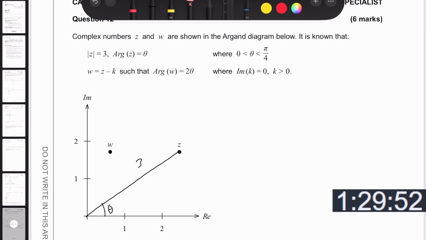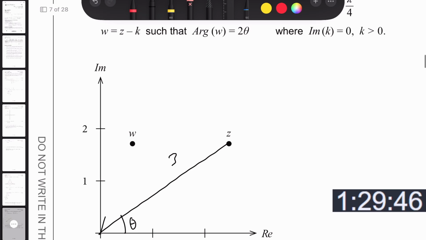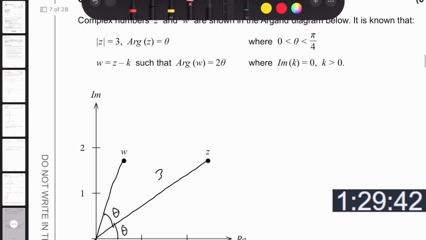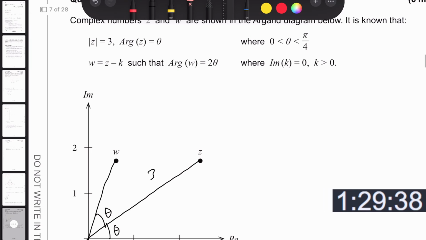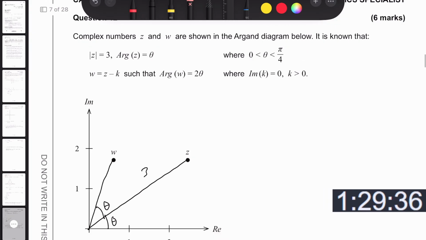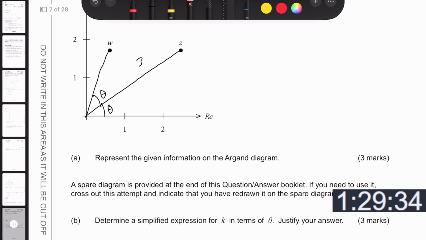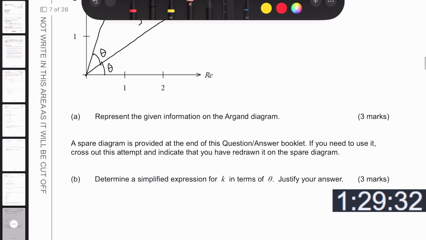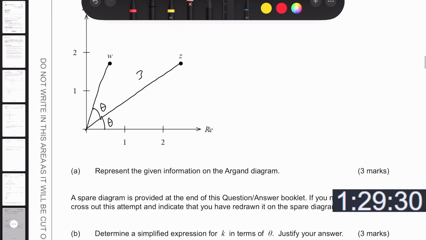So less than pi/4, okay. And this w here is also going to be theta, because that is 2 theta, z minus k, where the imaginary value of k is 0. K is greater than 1. Determine a simplified expression for k in terms of theta, justify my answer.